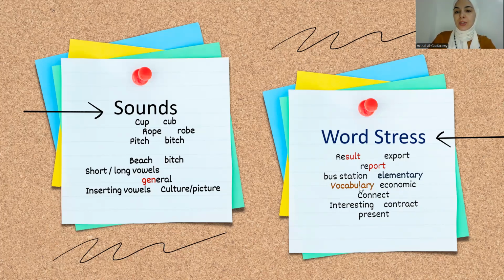Another thing related to stress is compound nouns. Compound nouns are two nouns, for example, that are combined together to refer to one concept. And those nouns usually receive their stress on the first word.